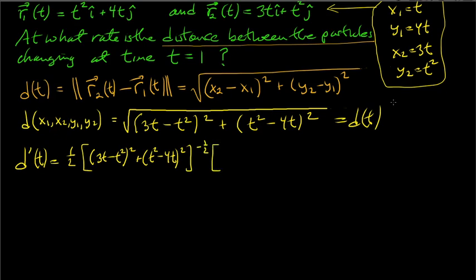And then we have to take the derivative of what's inside. We're going to get 2 times 3t minus t squared times 3 minus 2t, plus another 2 times t squared minus 4t times 2t minus 4.